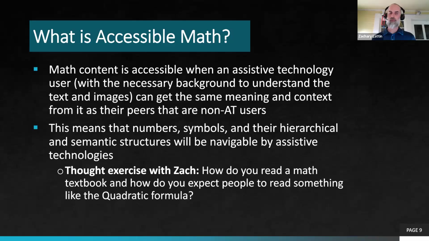And I want you, maybe one or two people, to paste in the chat: do you read those equations from top to bottom, or left to right and top to bottom? Okay, so you do read every single equation left to right, top to bottom.